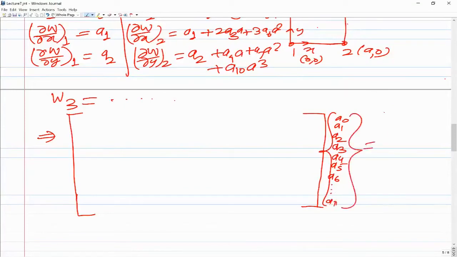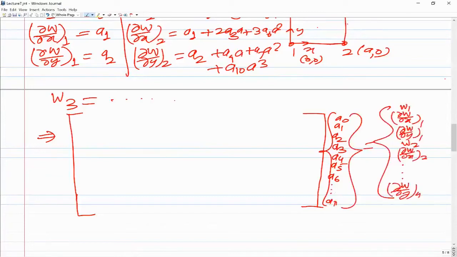And this will be equal to the vector of elemental degrees of freedom. So that is W1, del W by del X at 1, del W by del Y at 1, W2, del W by del X at 2, and so on. Finally, we'll have del W by del Y at 4.